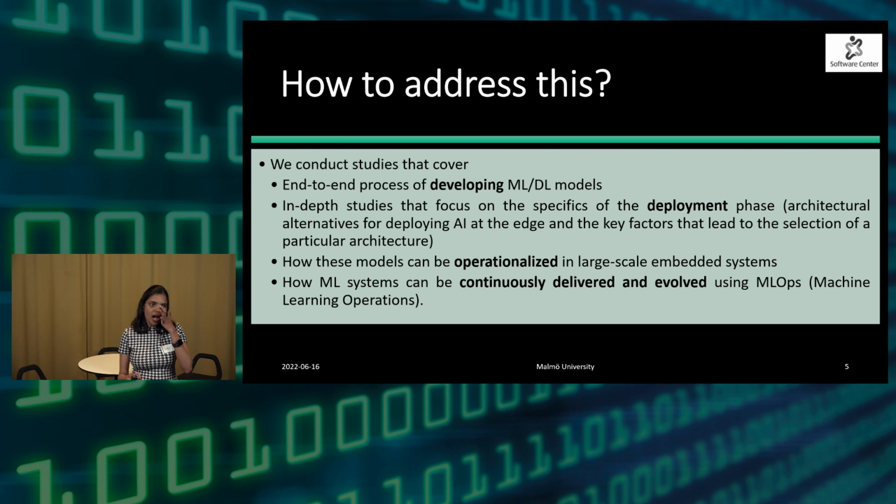These are architectural decisions, and also how you can operationalize your model once you finish optimizing it, and once you have a model in production, how you can continuously deliver value and evolve it.